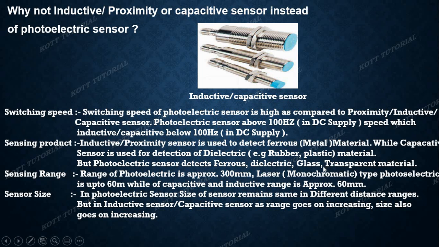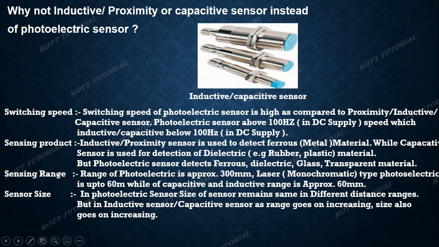A photoelectric sensor can detect any material which passes through its range. Its working principle is not like inductive or capacitive sensors, which use an inductive method and a capacitive method. So it can sense any product which is coming in its sensing range.